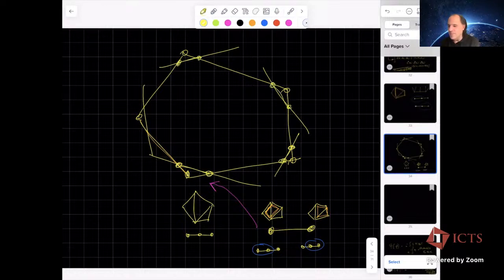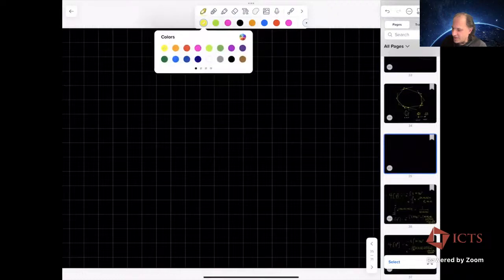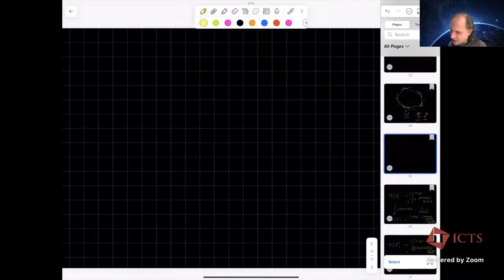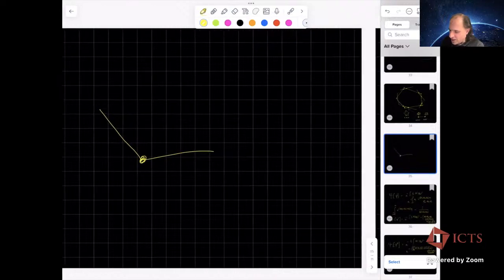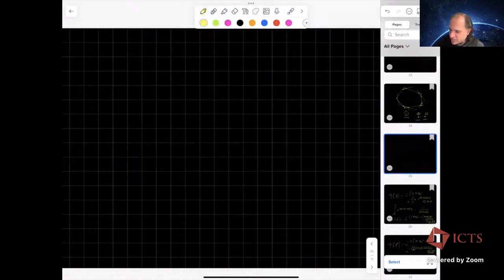All right. Now let's look in a little bit more detail at what we're doing here in this decagon. You see here, what I want to be turning. So let me draw it like this. 6, 7, 8.